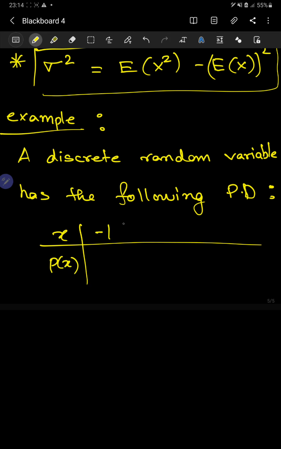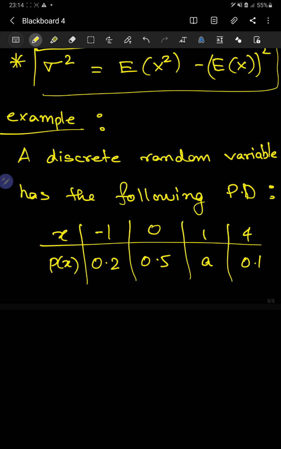So if x is -1, the probability of x being in the -1 state is 0.2. For 0, it's half, for 1, it's a, and for 4, it's 0.1.